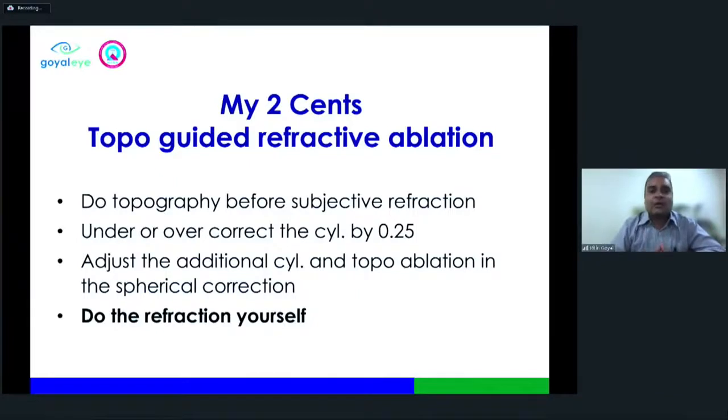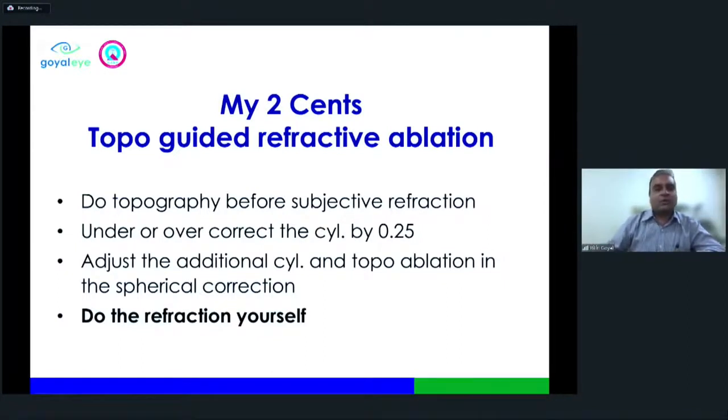So my 2 cents about this procedure and the way that I'm doing it is do your topography before doing a subjective refraction. Make sure that you are either under or overcorrecting the cell by less than 0.25 only. So say if your patient is accepting 1 diopter of cell and you're seeing that your topographic ablation is also going to treat about 0.25 of cylinder in the same axis, you can sort of undercorrect the cell a little bit.